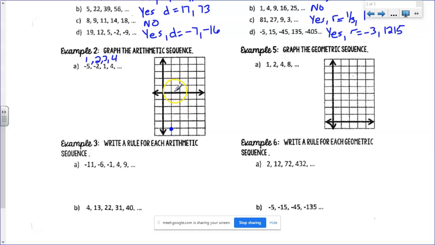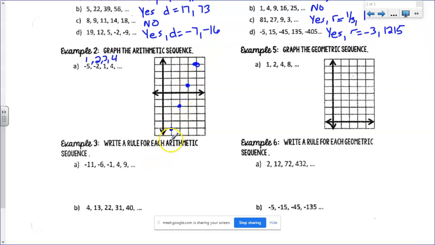And then at 2, negative 2. And then at 3, positive 1. And then at 4, 1, 2, 3, 4, you can see it's growing quickly here. And you don't connect those dots, because these aren't a type of function yet. We could connect the dots eventually, but right now we're not.